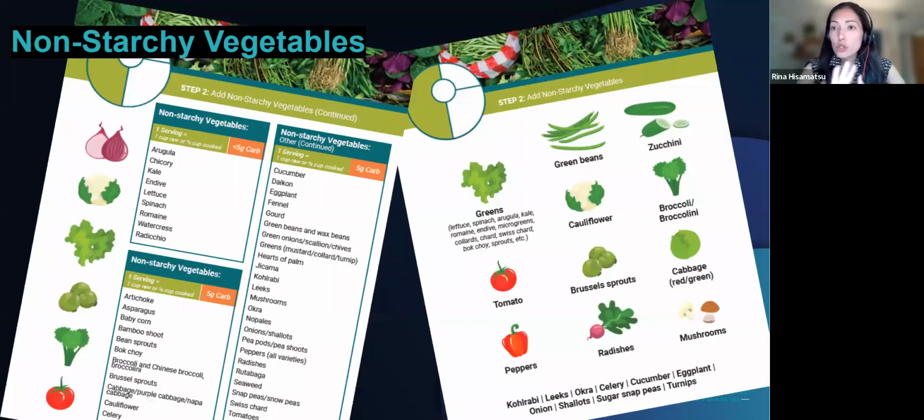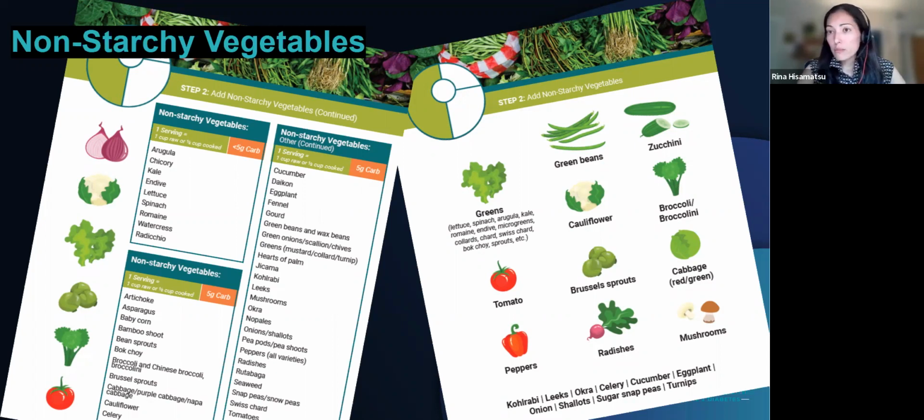All right, so step 2 is going to be the non-starchy vegetables. As we know, non-starchy vegetables provide that welcome source of micronutrients. And there's a misperception that low carbohydrate meal plans are all about meat and cheese. And oftentimes these non-starchy vegetables can be left behind. So we wanted to stress here the importance of incorporating an abundance of non-starchy vegetables with every meal.